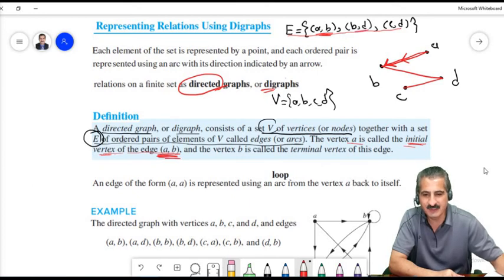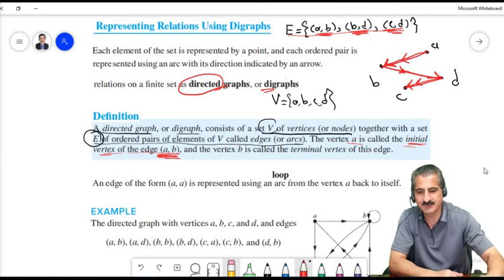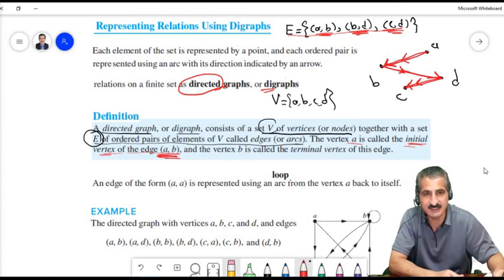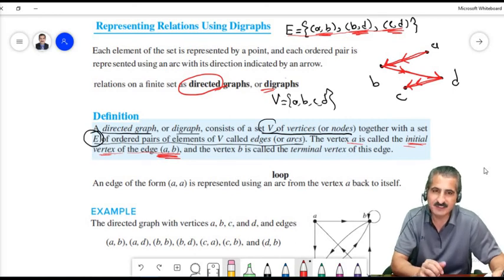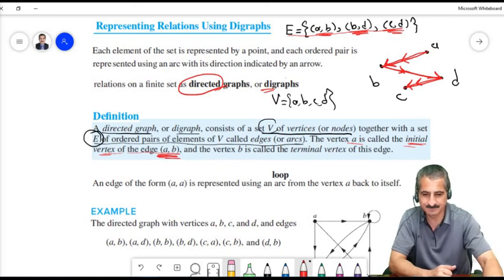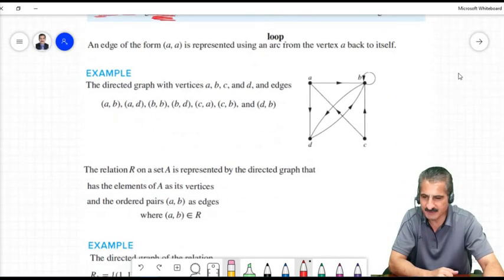Now the other one is B to D, so we are going from B to D, and the third one is C going to D this way. So edges, directions, arrows are important. The first coordinate is the initial vertex, where the arrow starts, and the second coordinate is the terminal vertex, where the arrow ends.